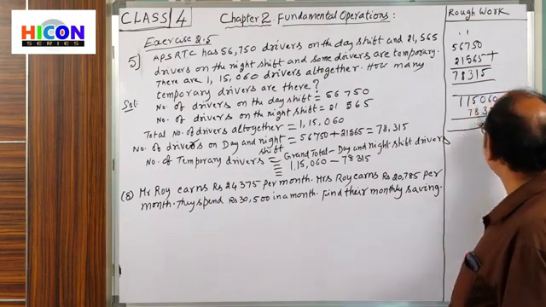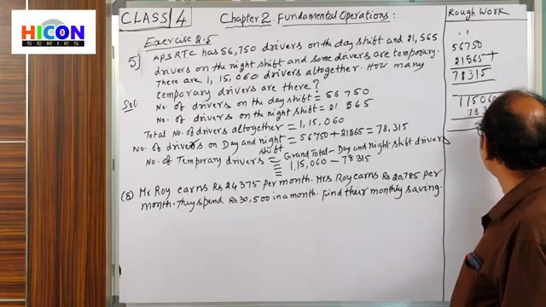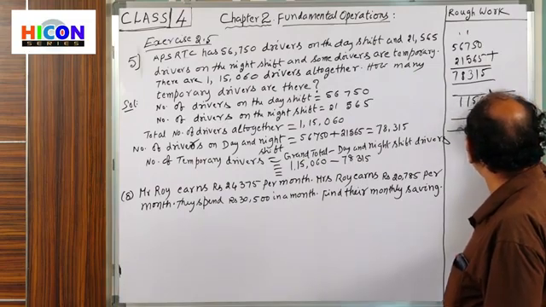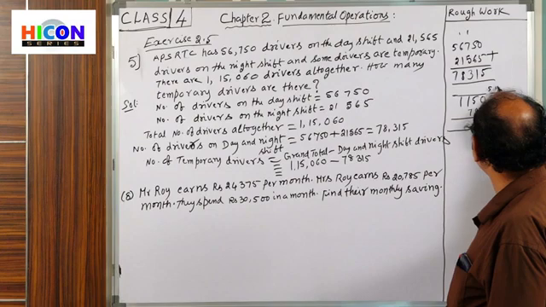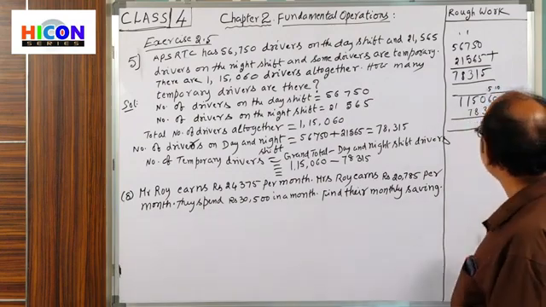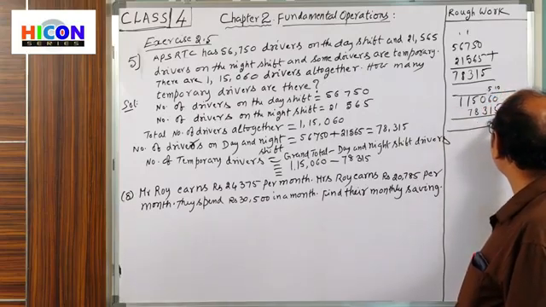Okay, children. 0 minus 5 not possible. Ask borrow from its before place. Then here 6 becomes 5 and 0 becomes 10. 10 minus 5, 5.